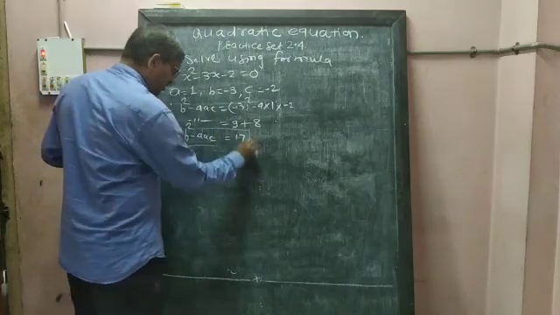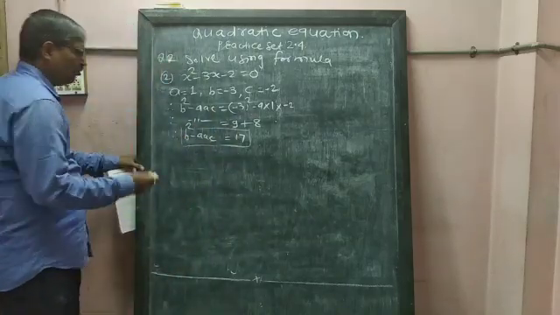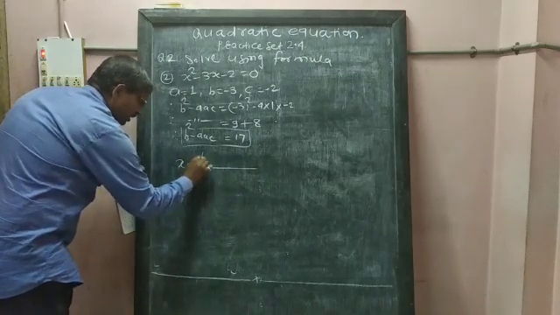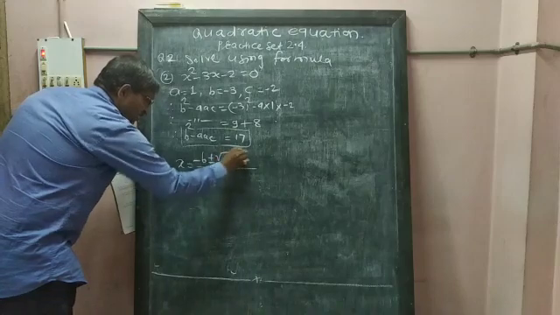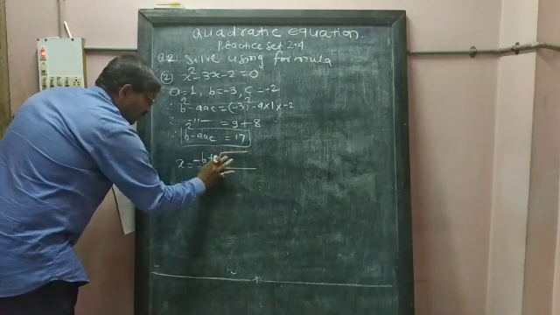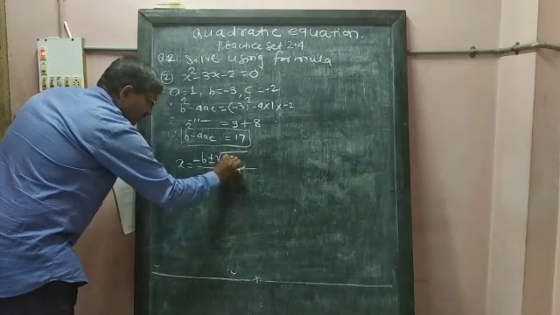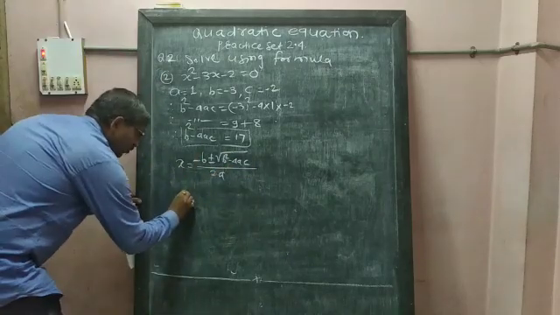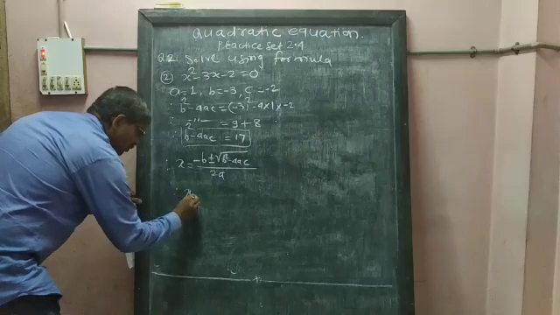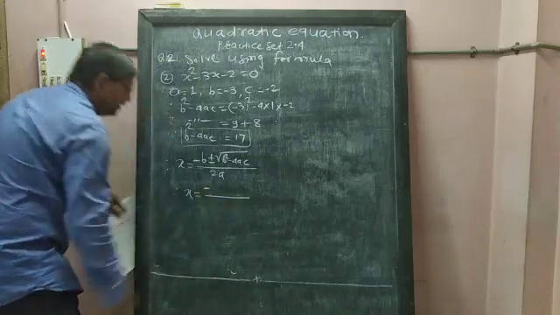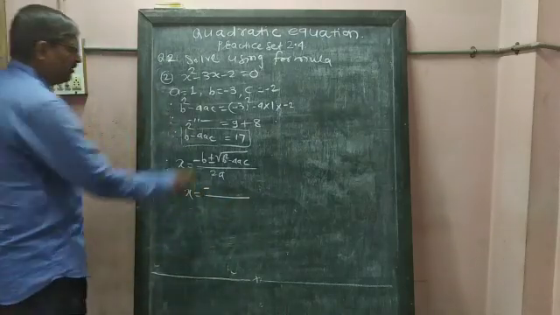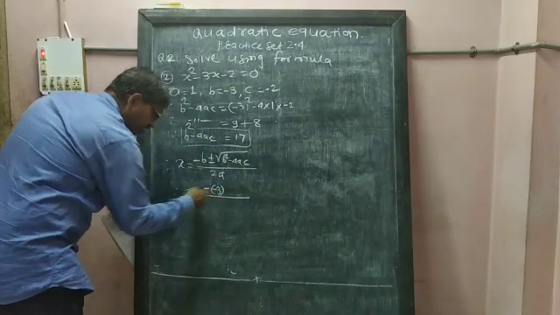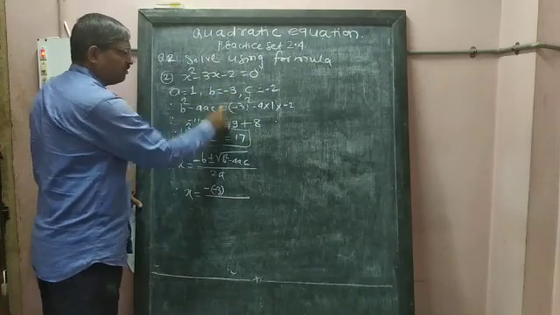Now we will keep this value in the formula, x is equal to minus b plus minus under root b square minus 4ac upon 2a. Therefore, x is equal to minus b, what will come? Look here, minus outside the bracket, and in the bracket minus 3, because the value of b is given as minus 3.